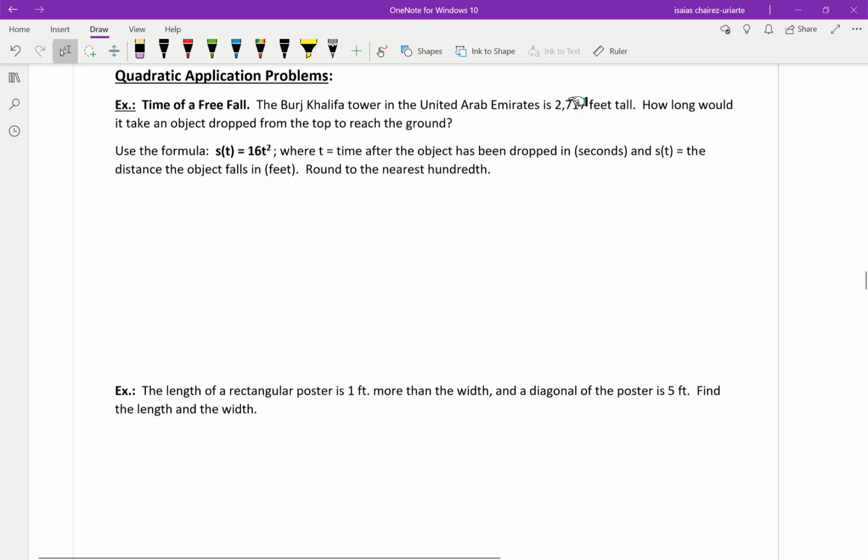Well, they told me that the tower is supposed to be 2,717 feet tall. So right now, what I gotta do is solve this equation. I gotta figure out the amount of time that it takes for the object to fall 2,717 feet.